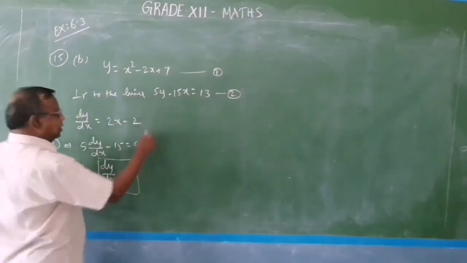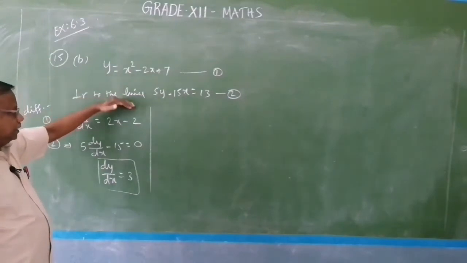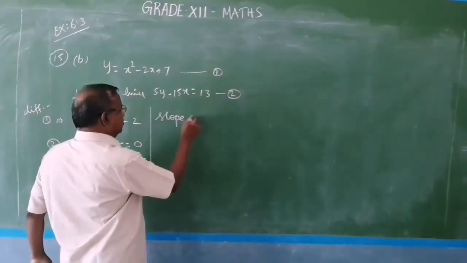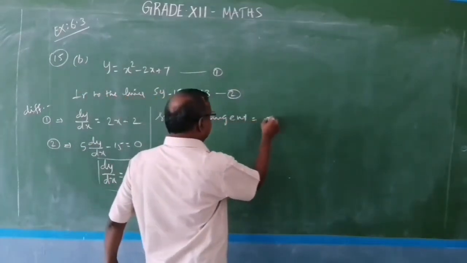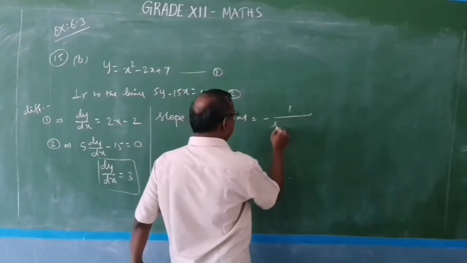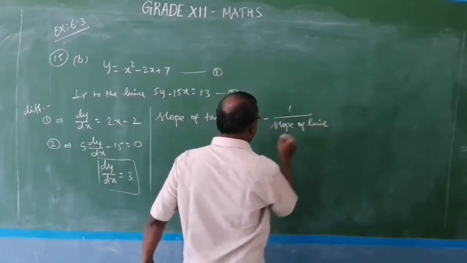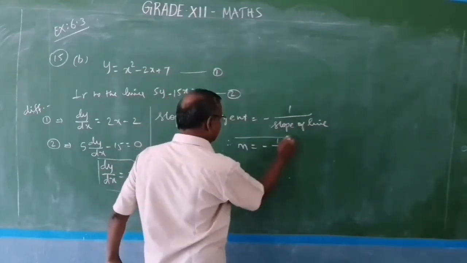Now the required tangent is perpendicular to the line, therefore the slope of tangent is equal to minus 1 by slope of given line. Therefore we have m equal to minus 1 by 3.